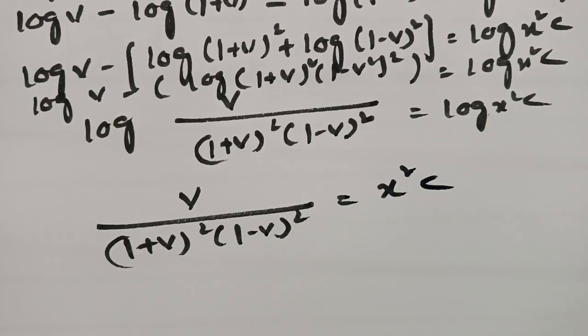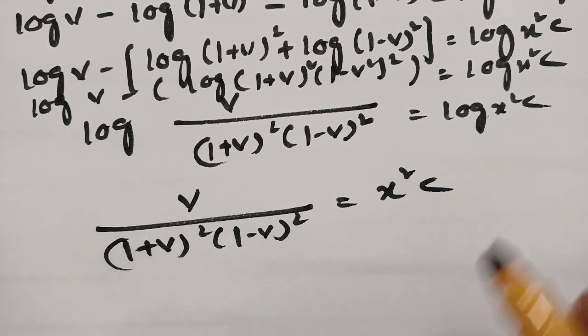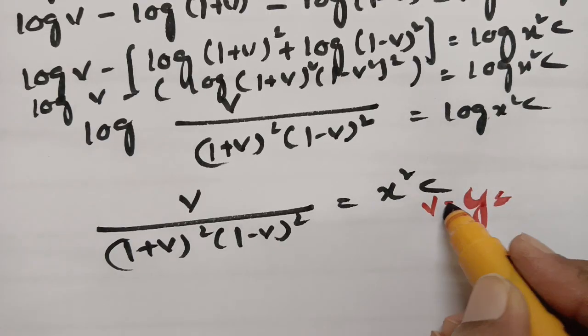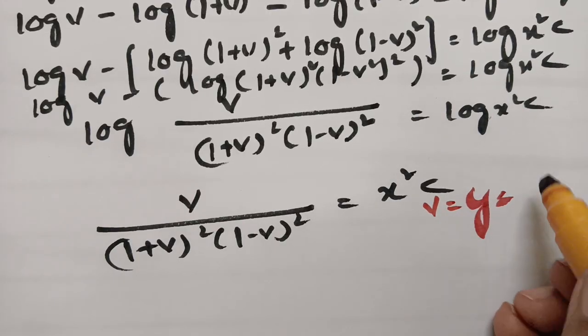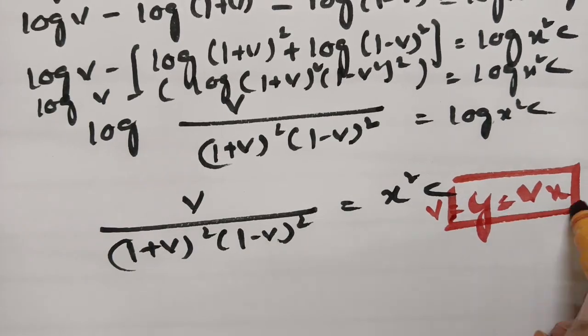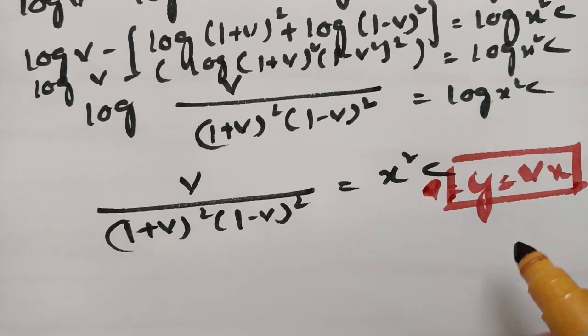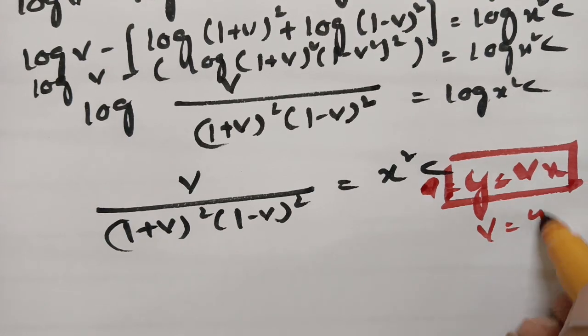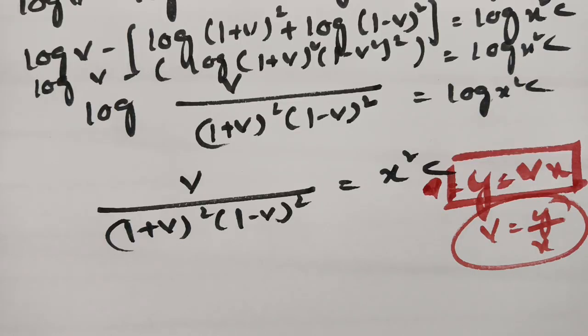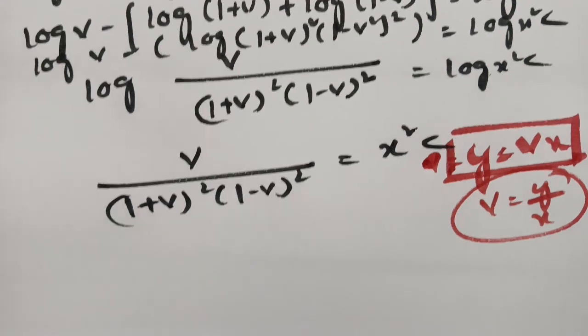which is equal to x square c. As we made a substitution that v is equal to, in place of y as vx I have substituted, and therefore in place of v I am going to write y by x. So I am shifting each and every v to y by x.